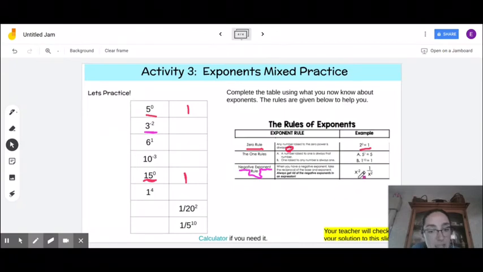So if I have an x to the negative 2, I write it as a fraction over 1, and then I make my exponent positive again. So it would be 1 over 3 to the second, written with a caret and then a 2.